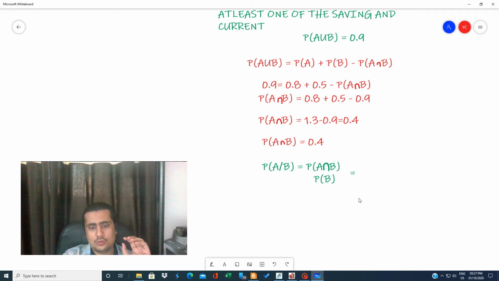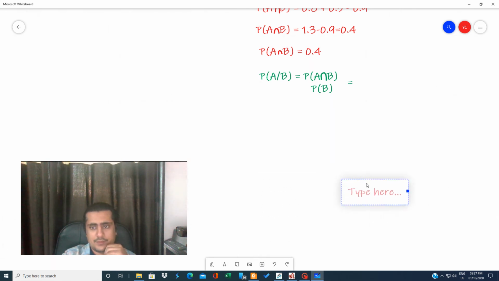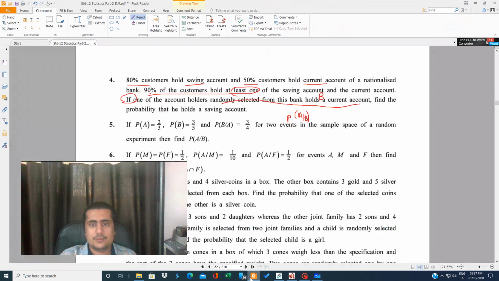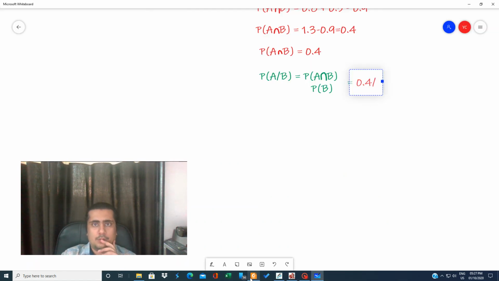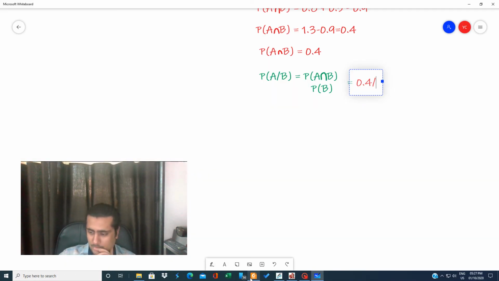Now how are you going to find this A upon B? You will be finding this P of A upon B as 0.4 upon P of B. So this is 4 by 5, that is 0.8.